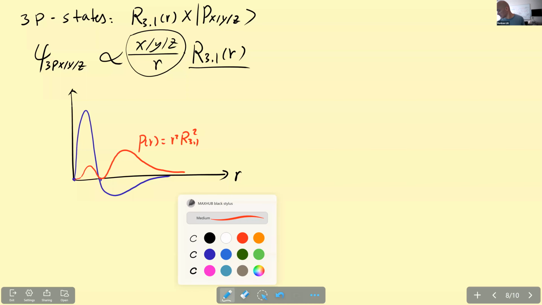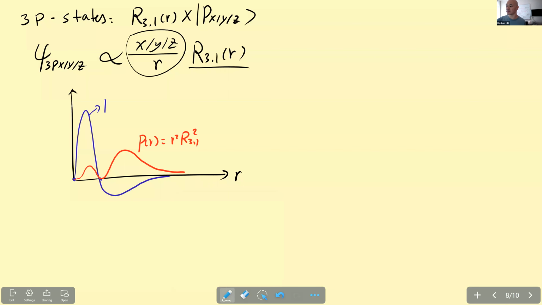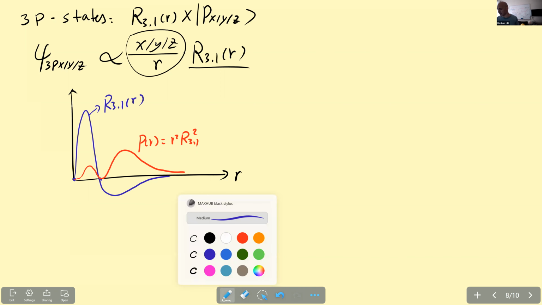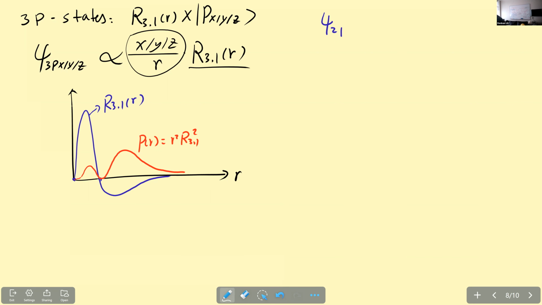The first part is just the radial wave function. Then we can multiply this by the angular part, and we get the wave functions.